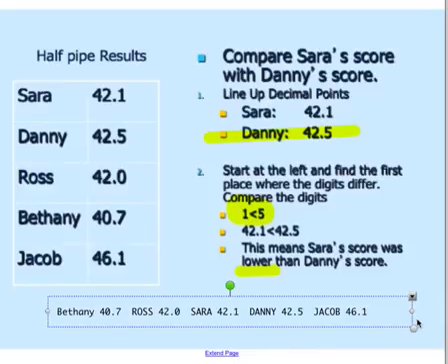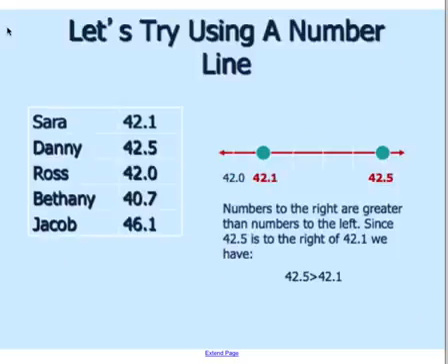You should also put these on the number line, which would look like this.